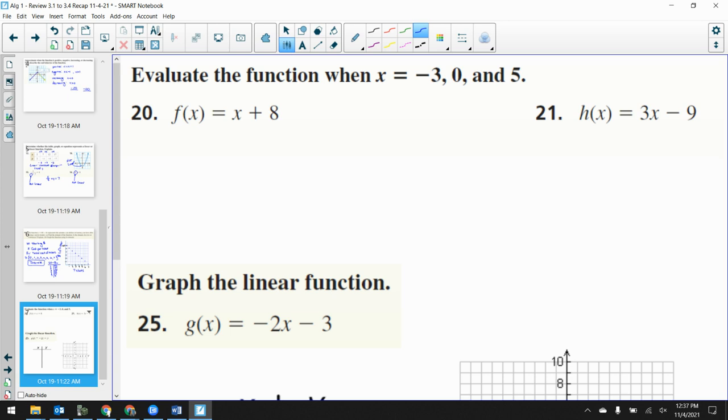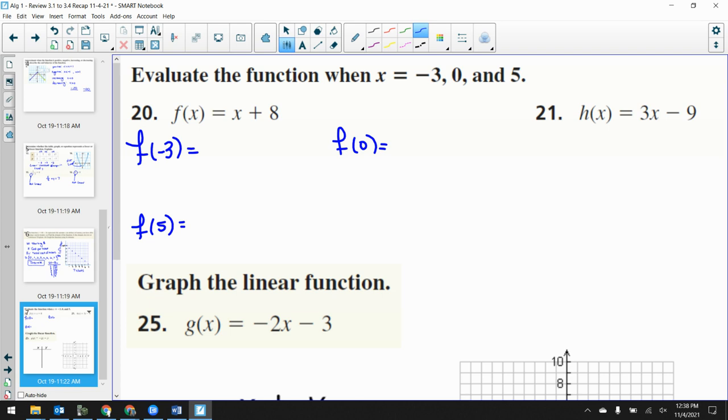Do you know what I'm actually asking you to do here on the top of the back page? I'm asking you to find f of -3, f of 0, and then f of 5. Now, what is that notation telling me to do?